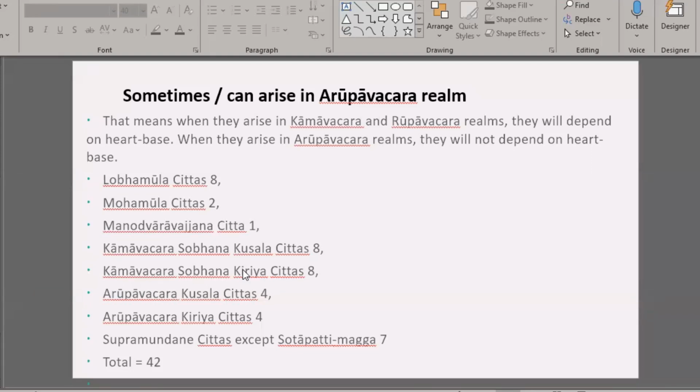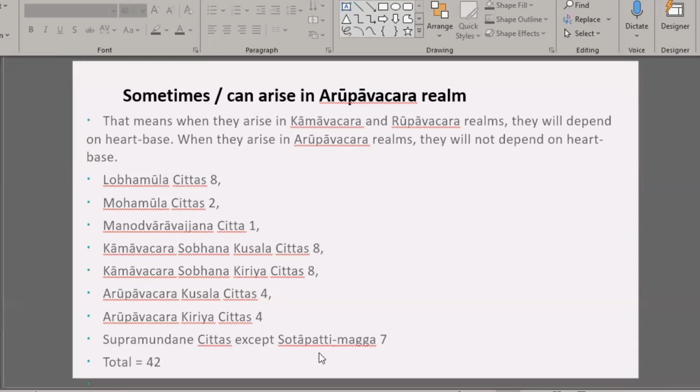For Rupavachara Arahants, similarly, when Arahant Brahmas listen to Dhamma and see the Buddha, Mahakriya Chittas arise. Similarly, as we mentioned, there are also Arahants in the Arupavachara realm. Arupavachara Brahmas have those Kamavachara Mahakriya Chittas, for Arupavachara Arahants.